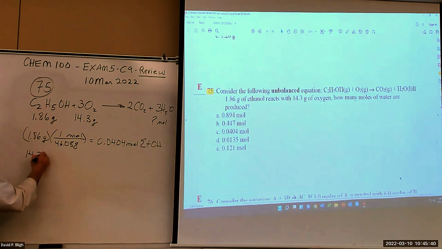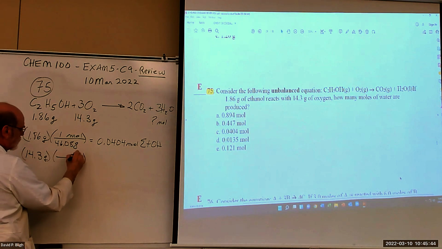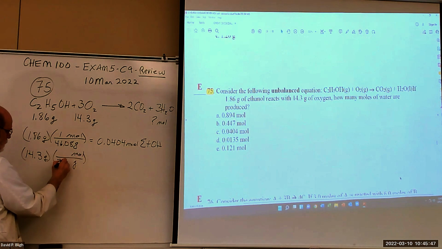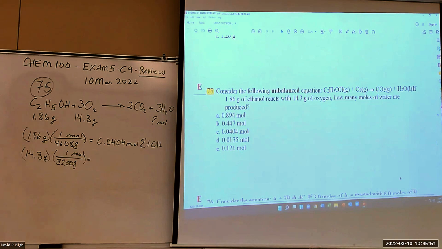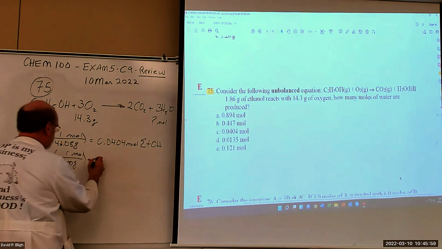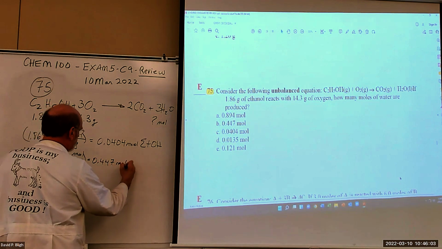And oxygen converted would be 32. 14.3 divided by 32 would be 0.447. 0.447 moles of oxygen.